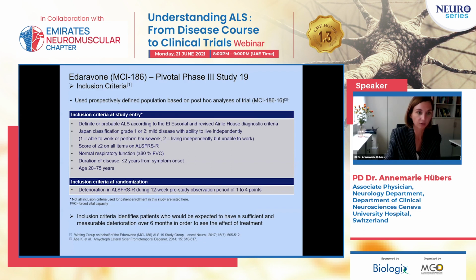Patients also had a normal respiratory function, and patients were still early in the course of their disease. So the medication really seemed to work best the earlier it can be started.